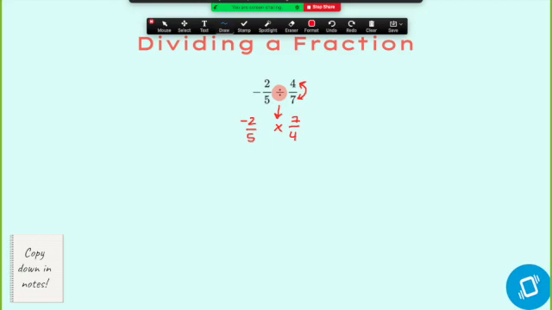So right here, I'm going to multiply negative 2 over 5 times 7 over 4. Now the next step is to again simplify any numbers I can. I know that 2 and 4 can both be divided by 2. So I'm going to start off with doing that first. 2 divided by 2 equals 1. 4 divided by 2 equals 2.